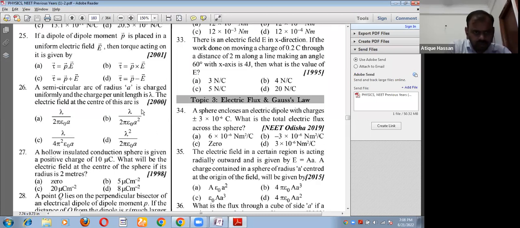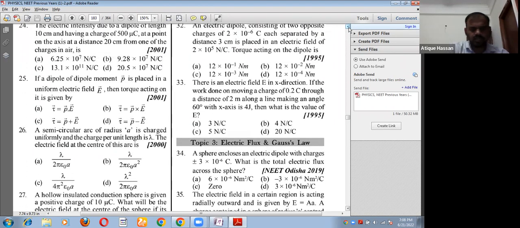Some questions are also there. Question number 25 is very easy. Only if you see question number 25, you can easily solve it, right?